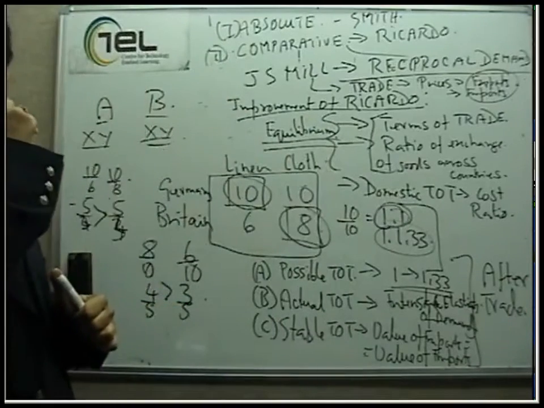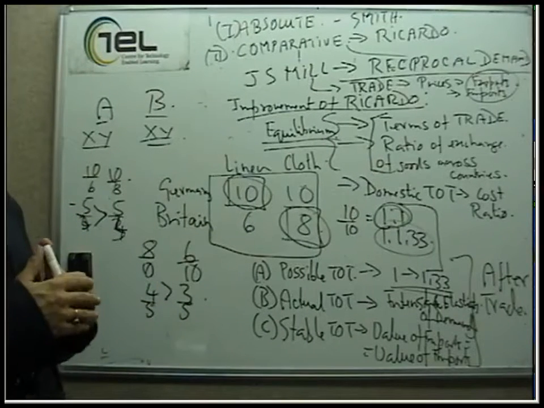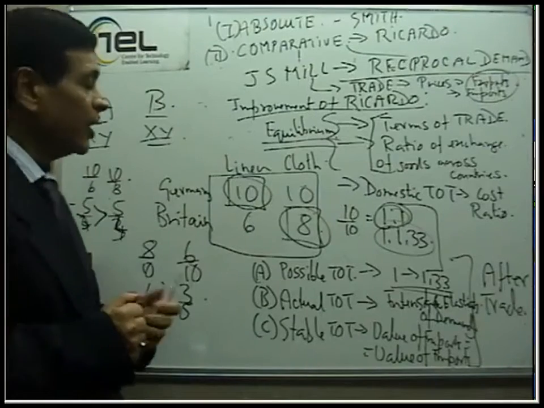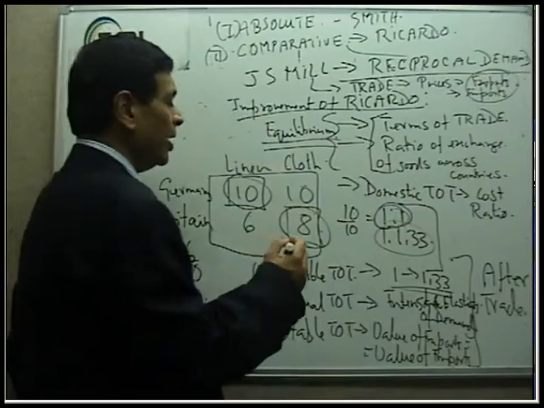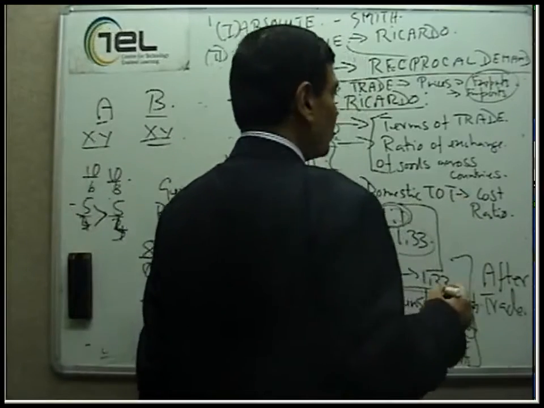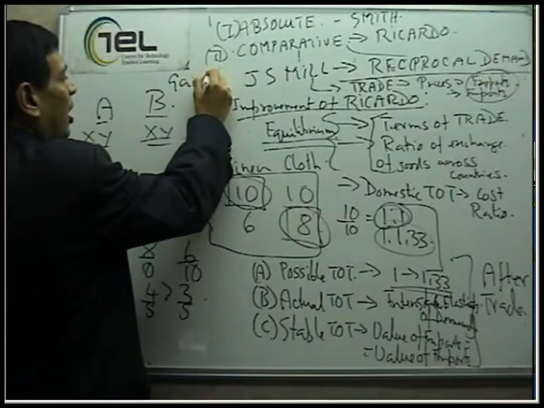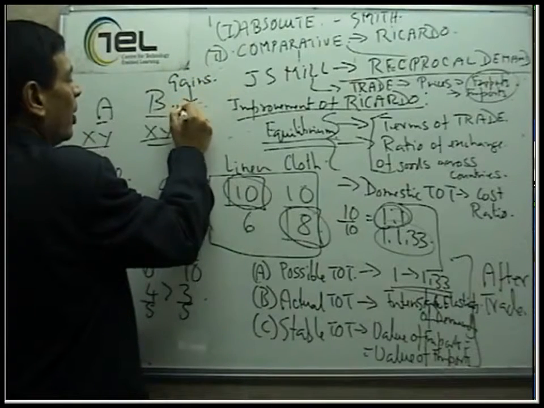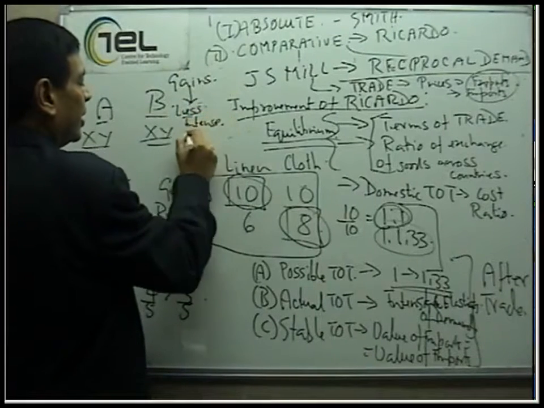But when the intensity of demand is less, which means highly elastic demand, then it can import 1.33 of cloth. And typically, the gains from trade are much higher when there is less intense demand or demand is more elastic.